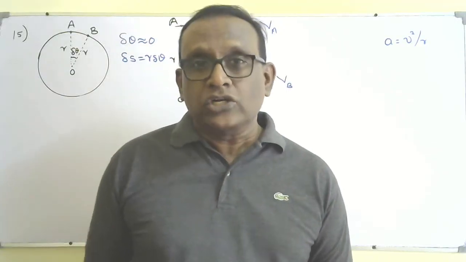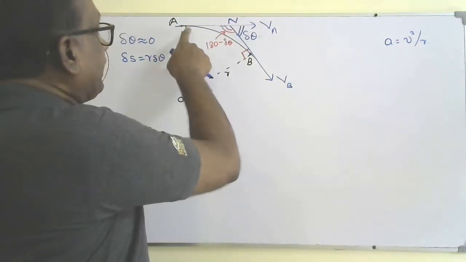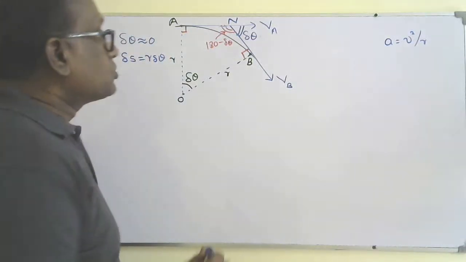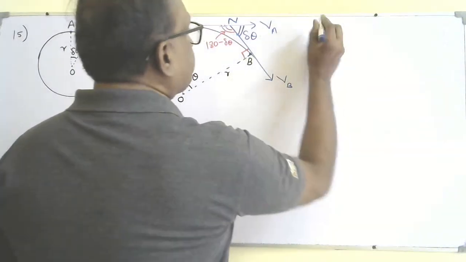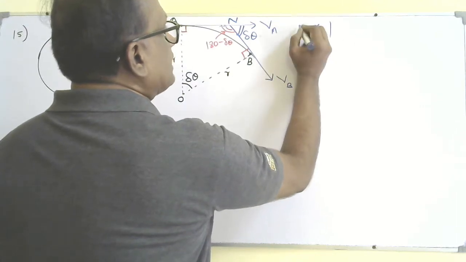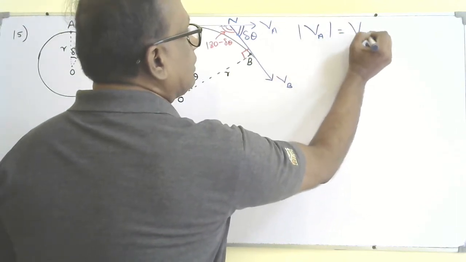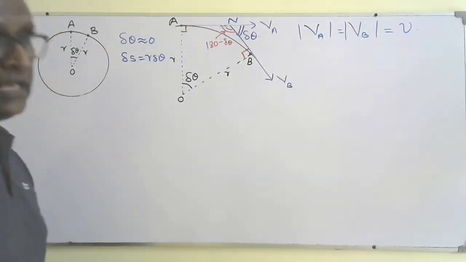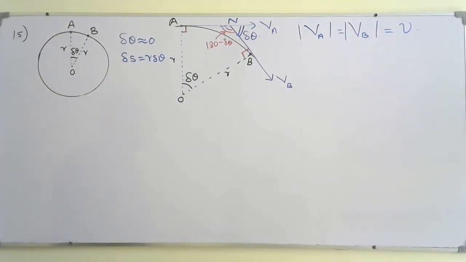We can say the modulus of velocity at point A is almost equal to the modulus of velocity at point B. So here I can say VA, the magnitude, is equal to VB at point B. I can call it V, the speed. V is the magnitude of the velocities at points A and B, which are very close to each other.